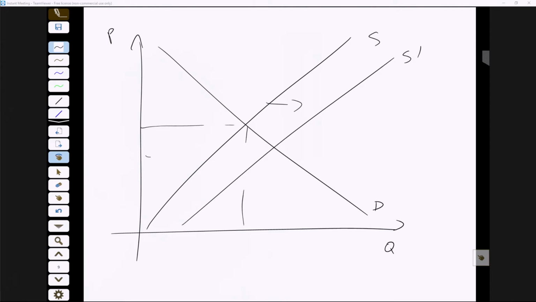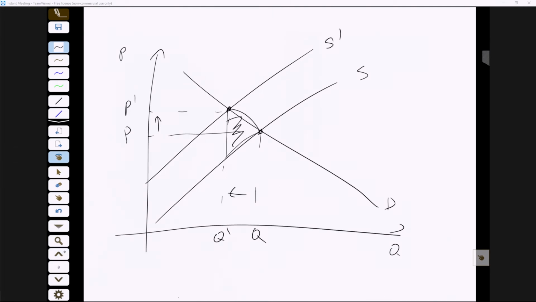So what's happened is that prices have dropped and quantity has gone up. So you've gone from P to P prime. Obviously producers and consumers win because they get to consume more and produce more, but the government loses because someone's got to pay for the subsidy. Unfortunately, money doesn't grow on trees.